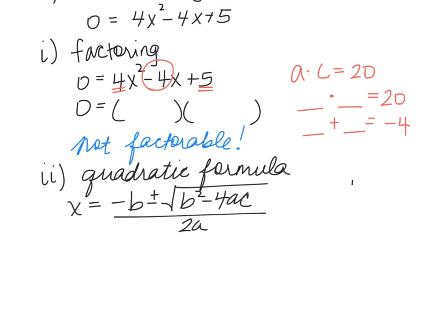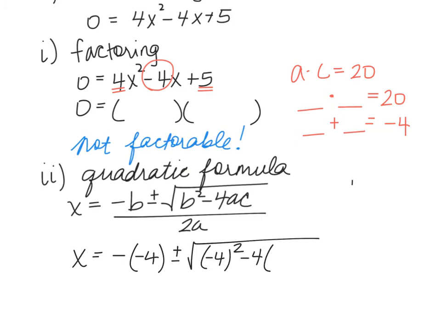So x is equal to the opposite of b, so that's -4, that's going to give us a +4, plus or minus the square root of our b value squared. Since our b value is negative, be sure that you have that in parentheses so we don't make a sign mistake. Minus 4 times a times c, all divided by 2 times our a value.